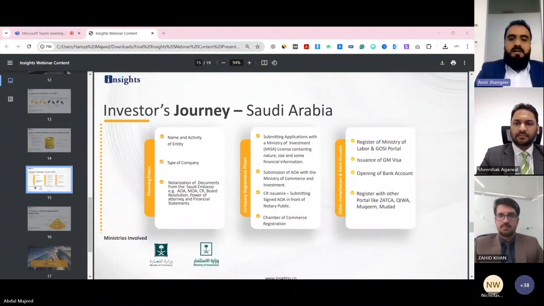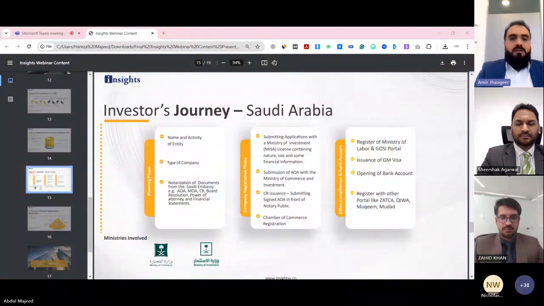For example, if a foreign company is just a startup, then a few additional requirements are there. For example, we need to submit the pitch deck as well, and the detailed business plan. But if there is an established company that wants to make an investment in Saudi Arabia, in that case, Articles of Association, Memorandum of Association, and last year's audited financial statements are required for attestation purposes.